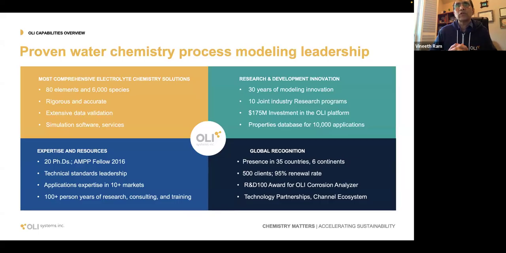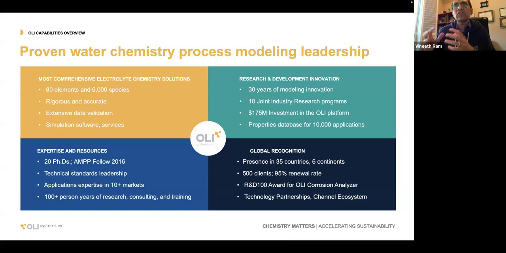OLI is a 52-year-old company. We have very deep expertise in electrolyte and water chemistry-based solutions for process modeling and simulation. We have a very comprehensive software platform with a rigorous ability to understand chemistry, with a comprehensive database and software portfolio.